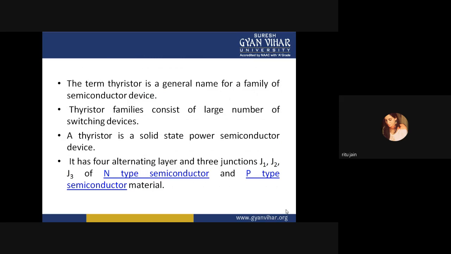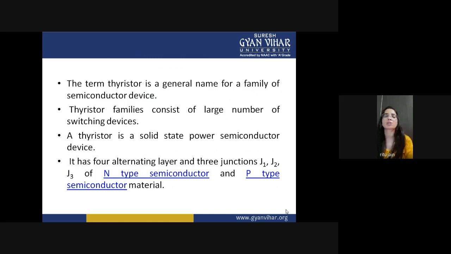It makes them p-type or n-type semiconductor. If the number of electrons is more than the number of holes, it is called n-type semiconductor. If there are more holes as compared to electrons, it is called p-type semiconductor material.